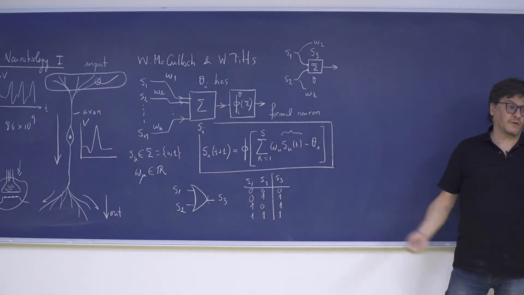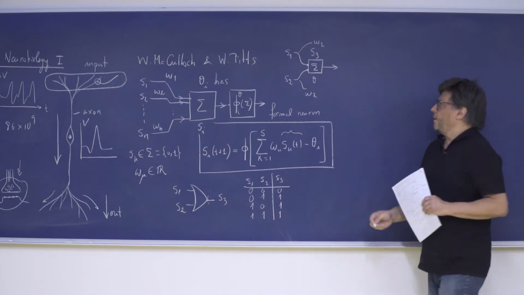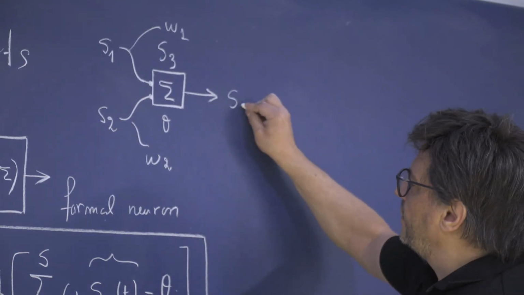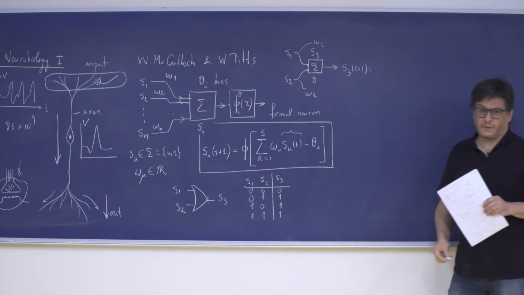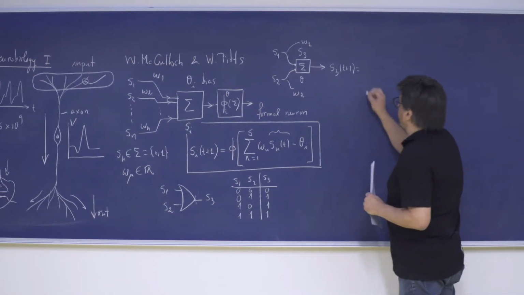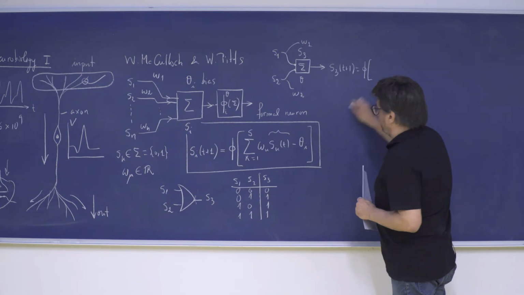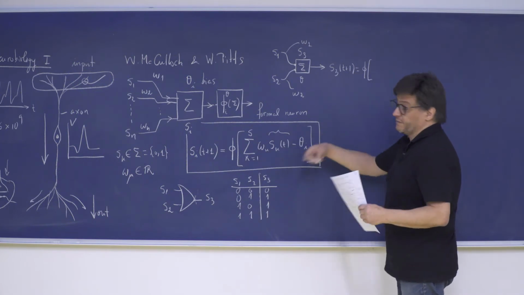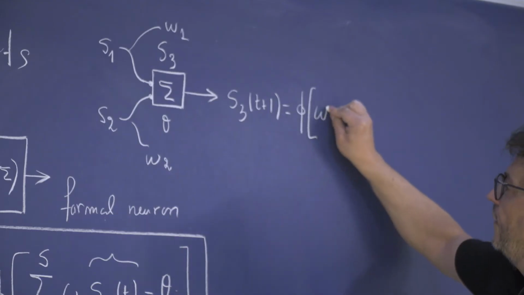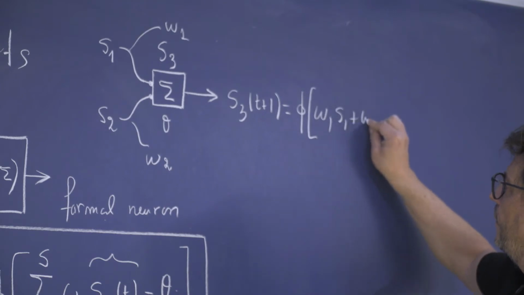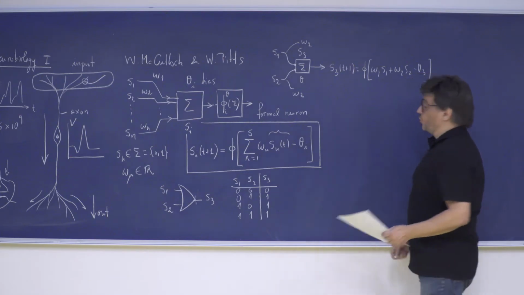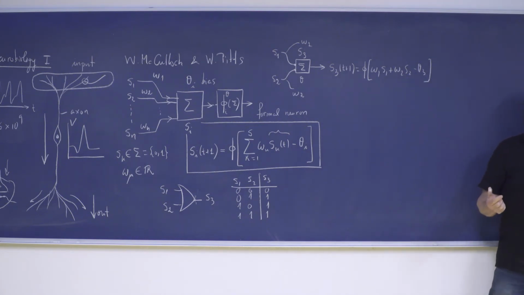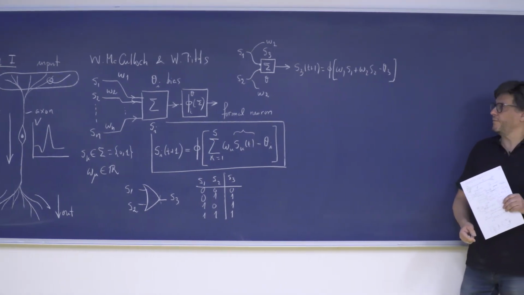You will see some arbitrary decisions here. And the thing is that S3 will be what? Well, in general, for a 2-input system, it is the threshold function defined here, right? But it's much easier here because I just have omega 1 S1, omega 2 S2 minus S3. That's all. That's the formal neuron for this particular case.